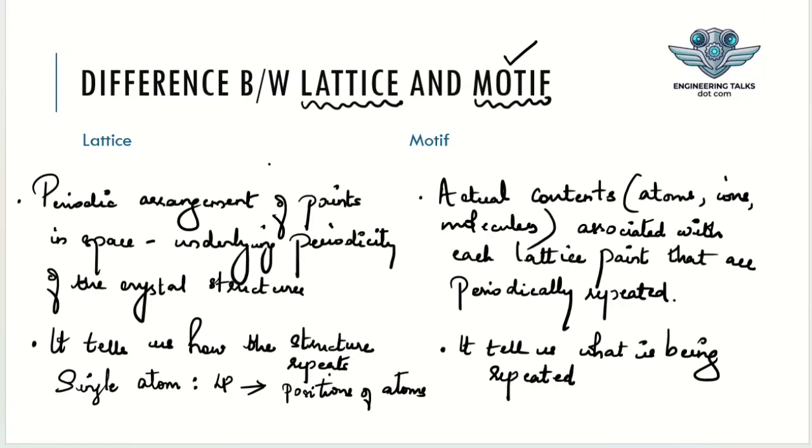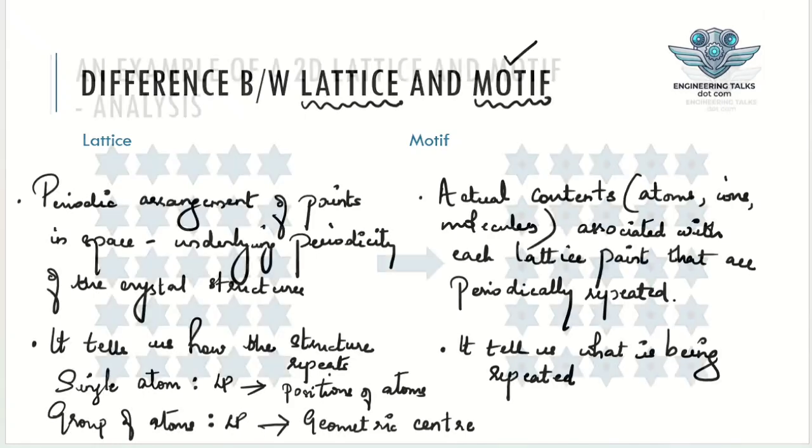And when the motif is a group of atoms, the lattice points represent a geometric center rather than the actual positions of the atoms.